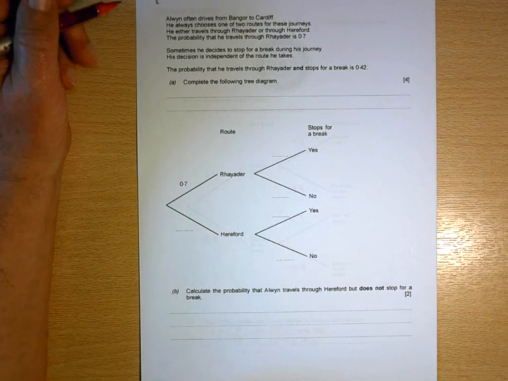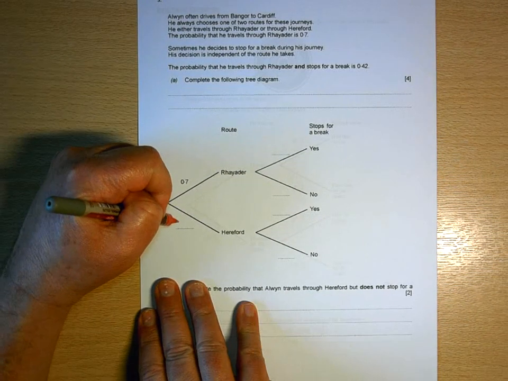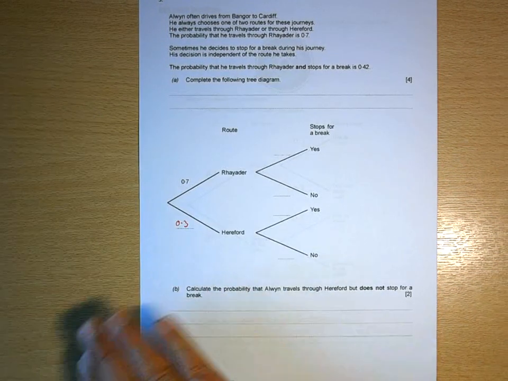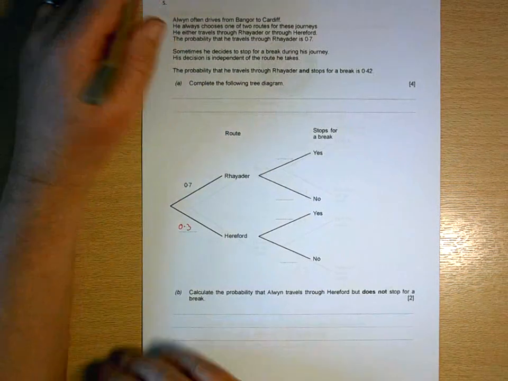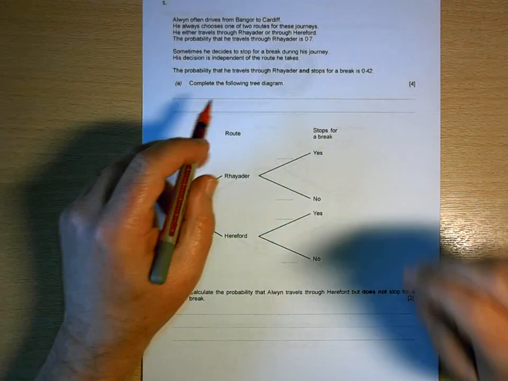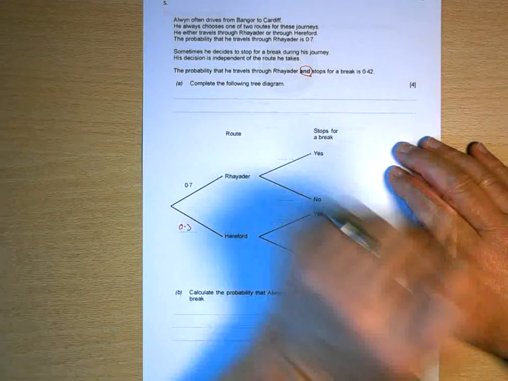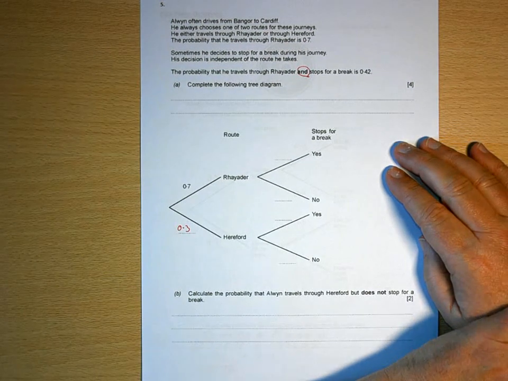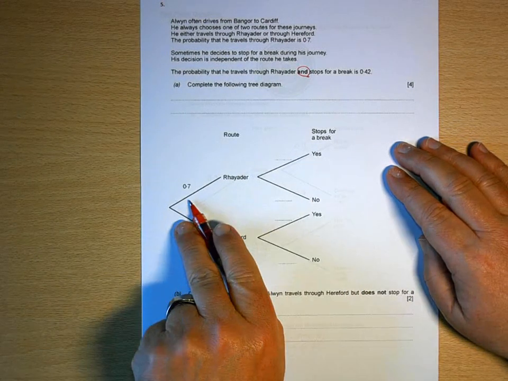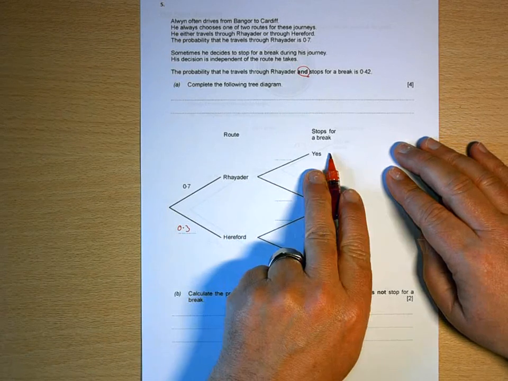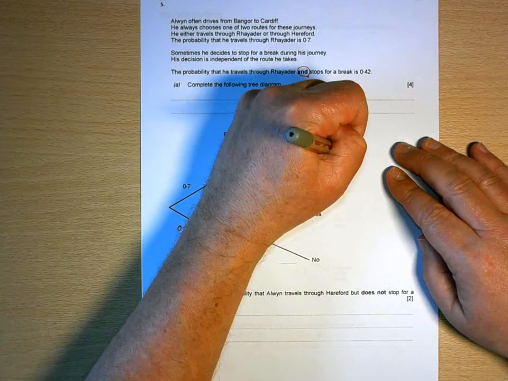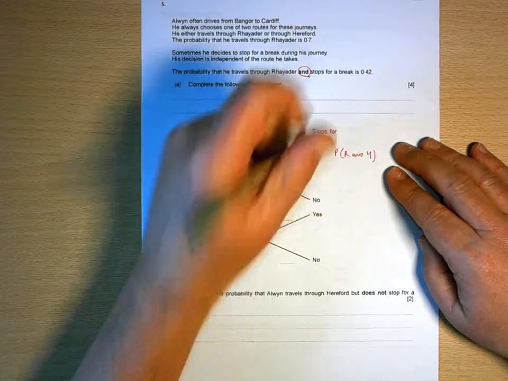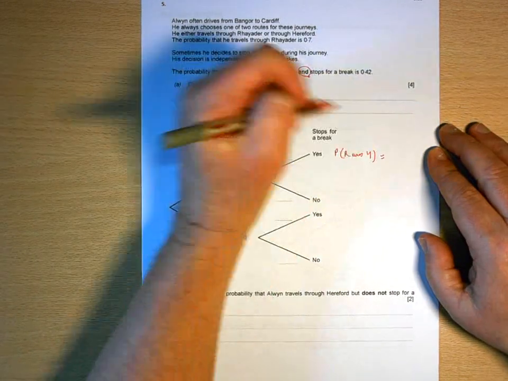So Rhyadr 0.7. If he's not going through Rhyadr, he's going through Hereford, and those two have to add up to 1. Then we need to be careful. The probability that he goes through Rhyadr and stops for a break is 0.42. So that's R and yes is 0.42.